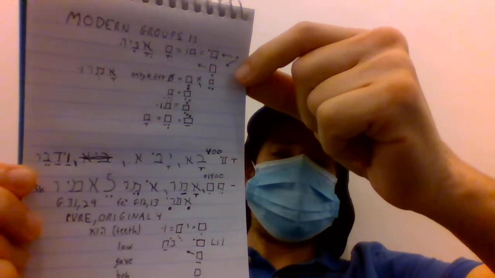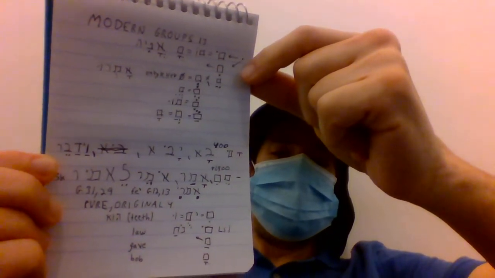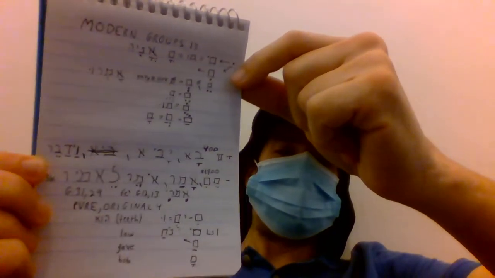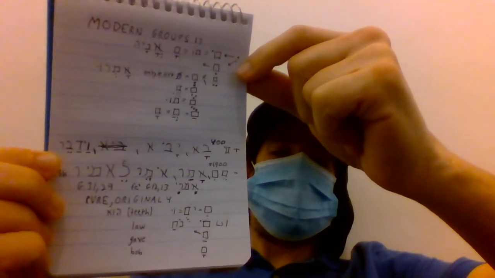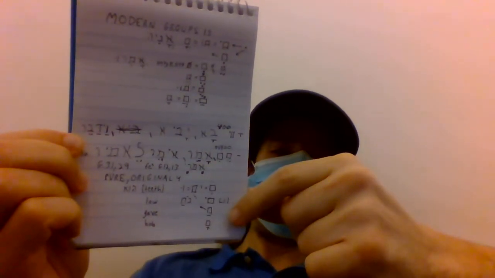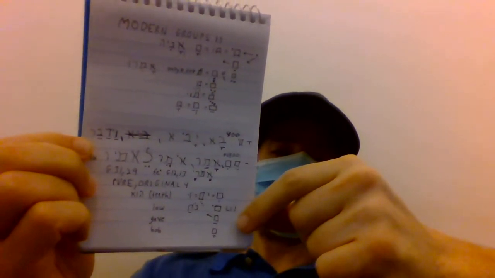We conclude the lesson with the original pronunciation when the vowels were pure before the modern alteration. And we see that there are 4 groups based on the evidence.